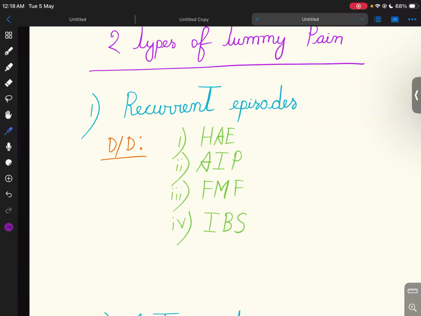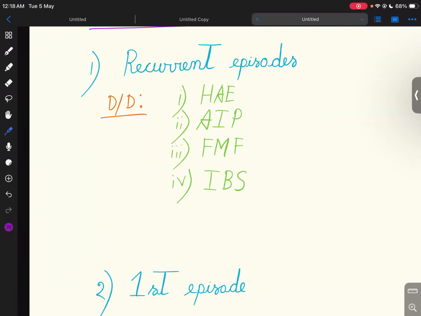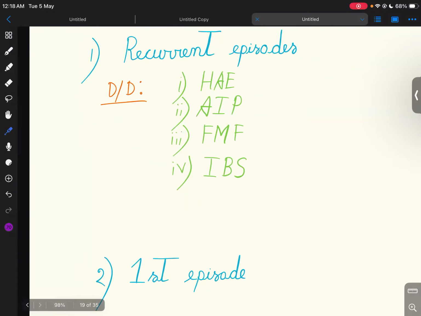In the PACES exam, actually, the pancreatitis case is given as a case of acute episode, that is the first episode. Chronic pancreatitis is usually not given with the prompt of tummy pain. In real life, you can get it, but I'm discussing from the perspective of PACES cases. Got it, doctor? Okay, thank you, doctor.